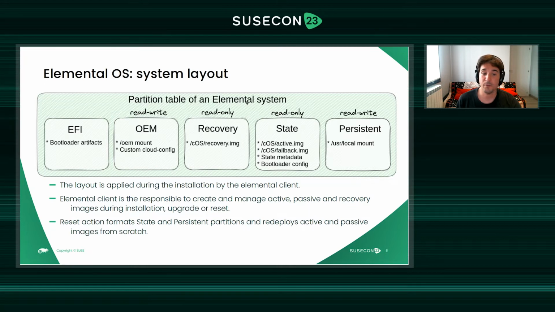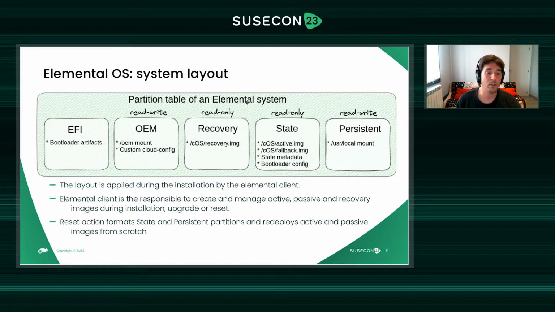And then there is the fallback image, which again, the name already suggests what it's meant for. The fallback image is used to fall back to a known state. In case we upgrade the active image, we copy it into the fallback before upgrading, so we can keep the previous known state in a known location and just upgrade the active image with the new contents.